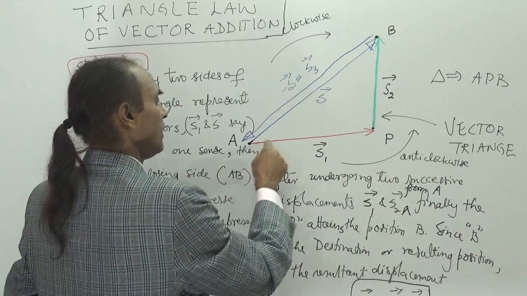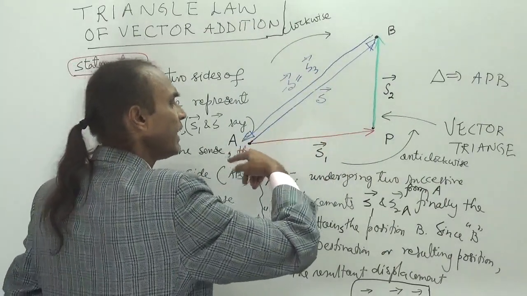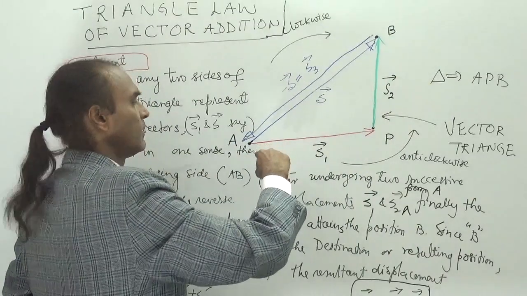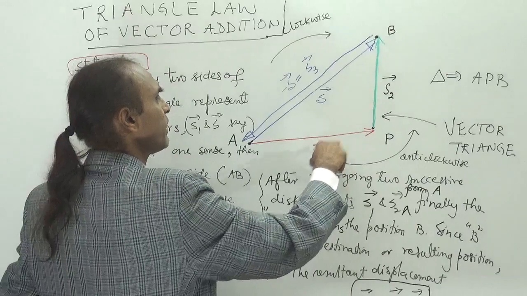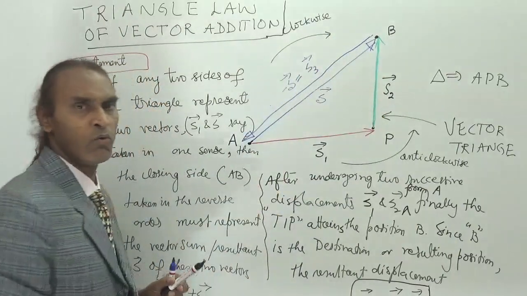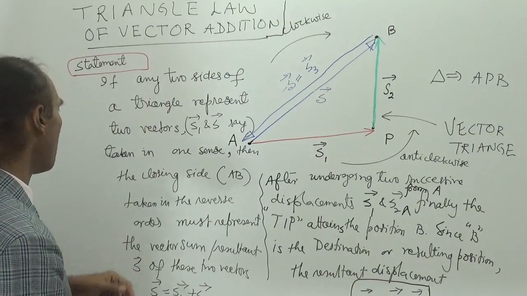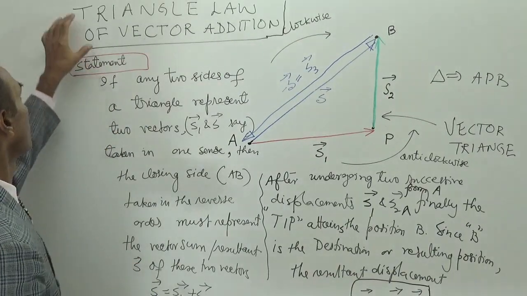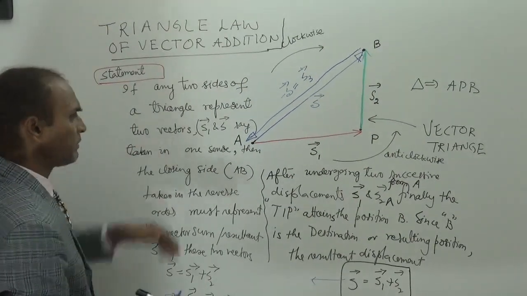So when the sides of any triangle taken in one sense represent three vectors S1, S2 and S3, the resultant of these three vectors will be equal to 0. This is another form of statement of triangle law of vectors. Let me write it now.